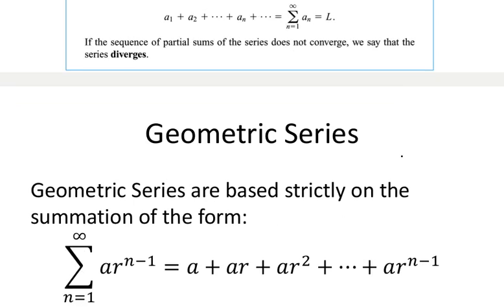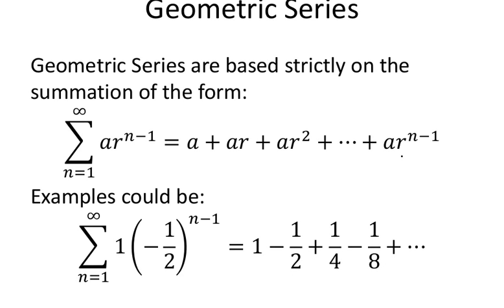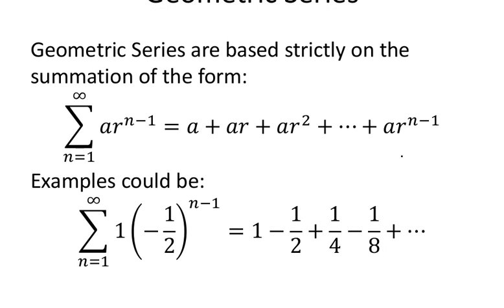So let's take a look at this. One family of series is geometric series. It's what we always start off with, and they are a summation of this form. We have a constant coefficient that's a. This constant a does not necessarily even have to be on the inside of the summation.